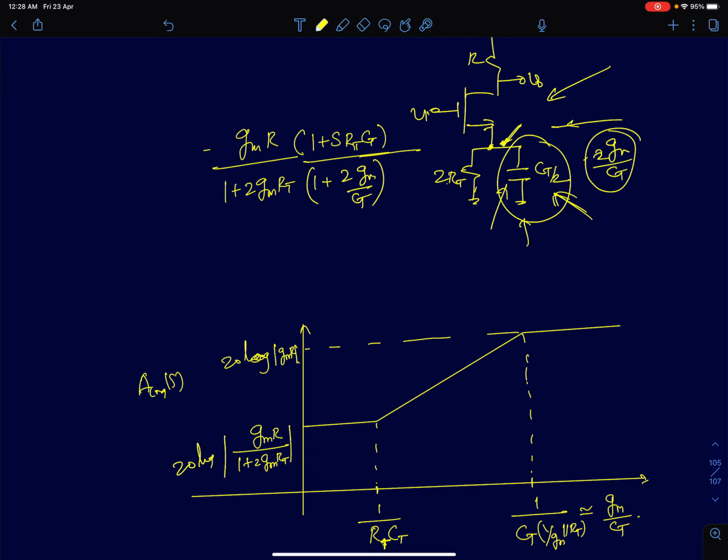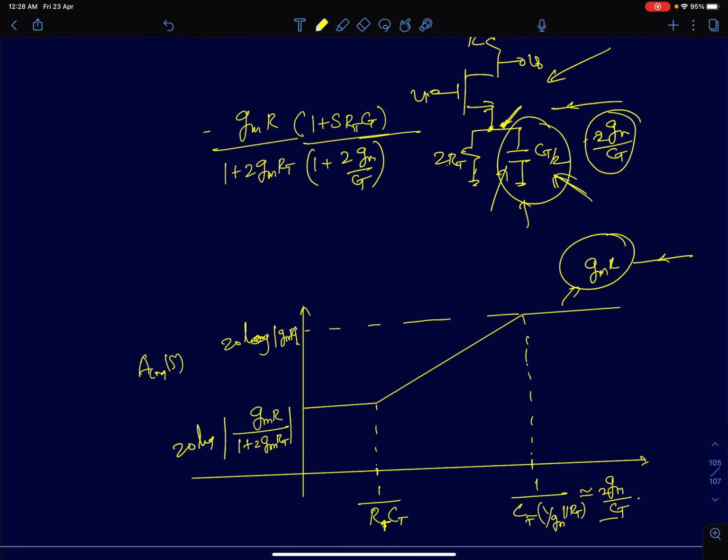Eventually, after the pole at 2 GM by CT, the gain flattens out and reaches a peak value of GMR. Sorry, this is the differential gain of this amplifier. So the common mode gain increases and it reaches the differential gain itself.